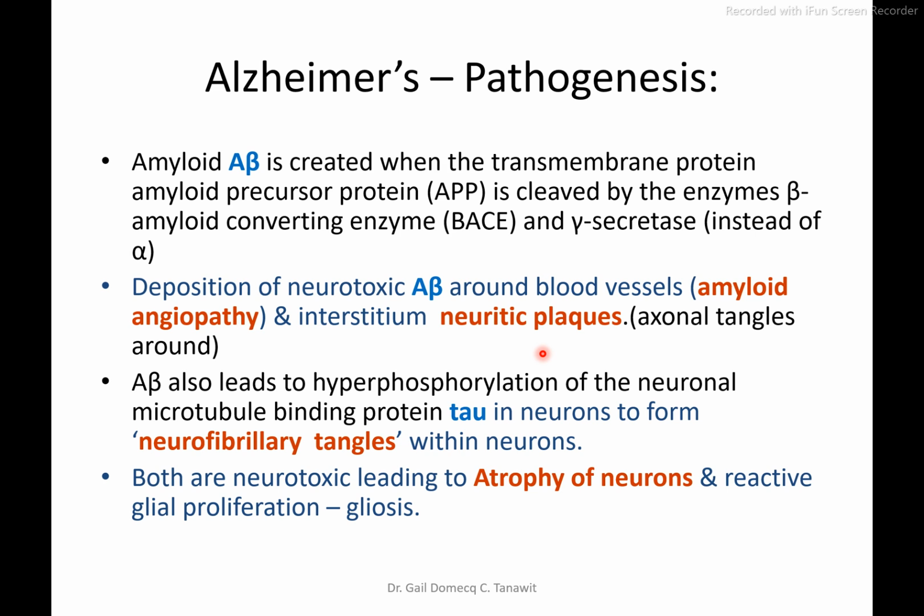It seems to be in a disorganized fashion, creating tangles around the blood vessels, and this alpha beta amyloid plaque will lead to hyperphosphorylation of the neuronal microtubule binding protein tau in the neuron to form neurofibrillary tangles within the neurons. Both of these are neurotoxic, leading to atrophy of the neurons and a reactive glial proliferation, or what we know as gliosis.